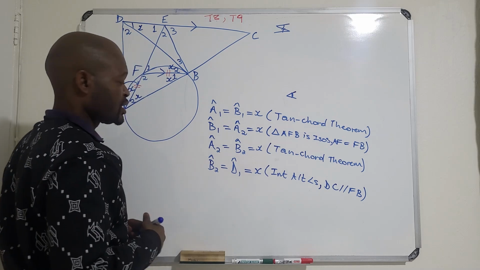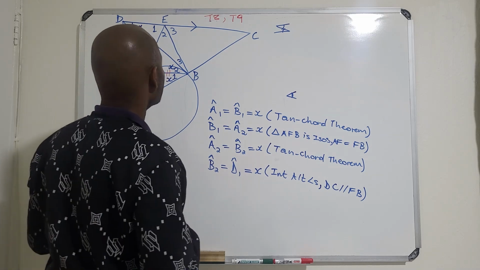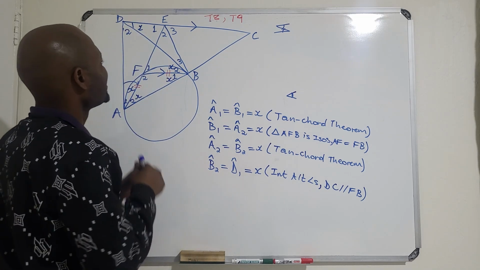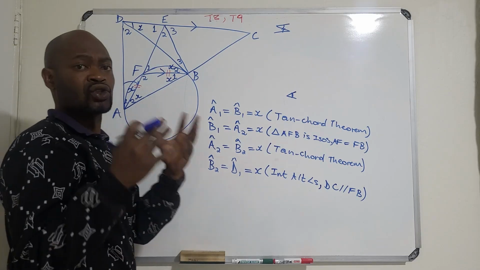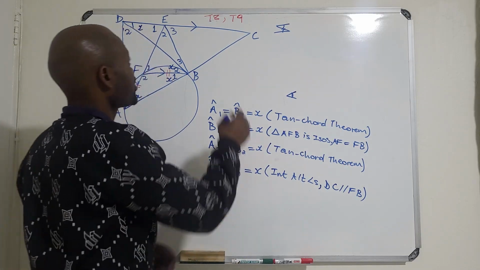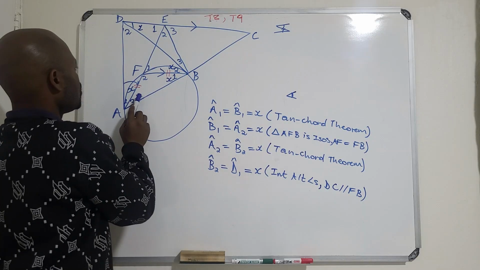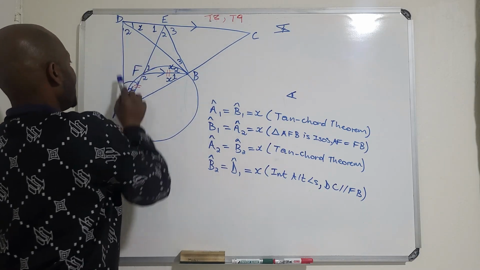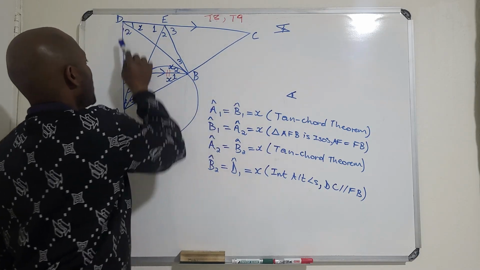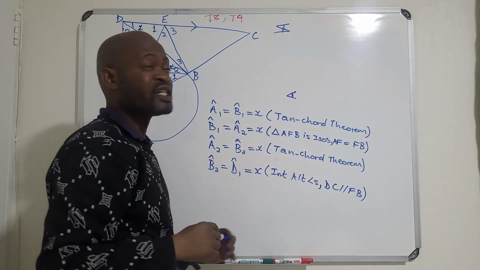Now we want the 5th angle which is equal to x, and we can do this however we prefer. I'm going to show you an easy way of getting this angle.